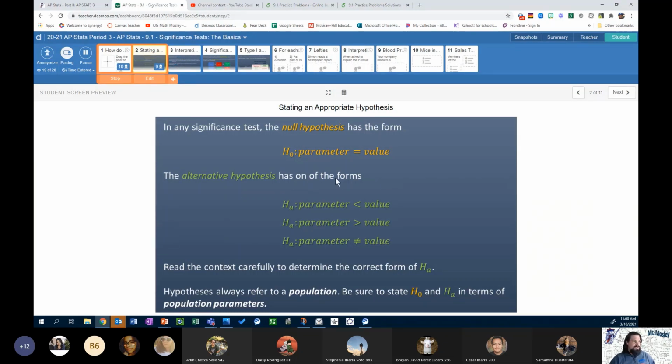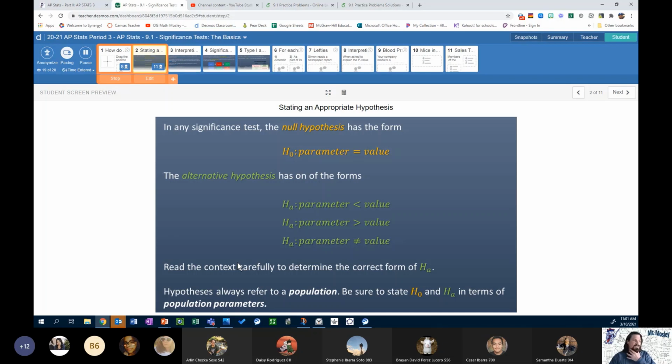The alternative hypothesis has one of the forms, either alternative colon parameter less than value, parameter greater than value, or parameter not equal to value. Right, so we're either going to be hoping that it's less than the assumed value, greater than the assumed value, or just not the same as the assumed value. It could be greater, it could be less, but we're saying we don't think it's that.